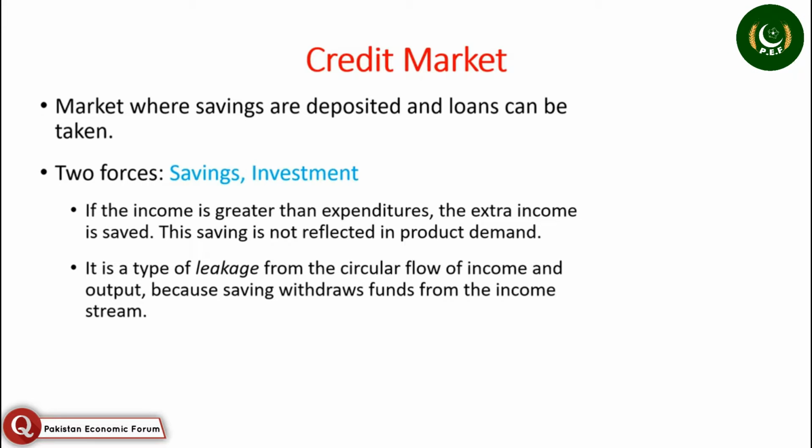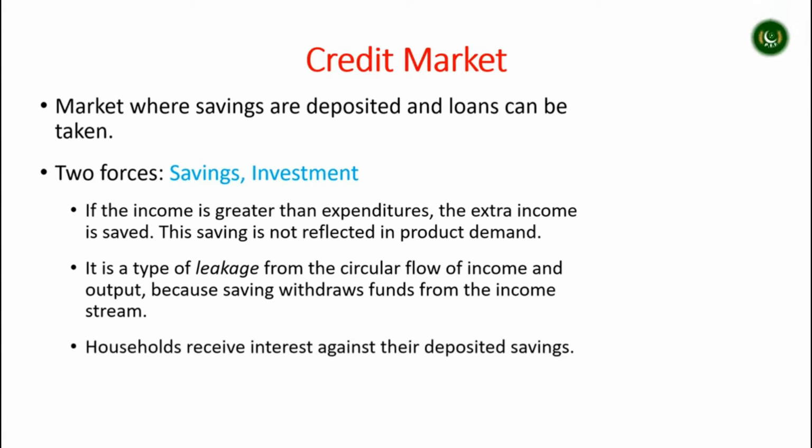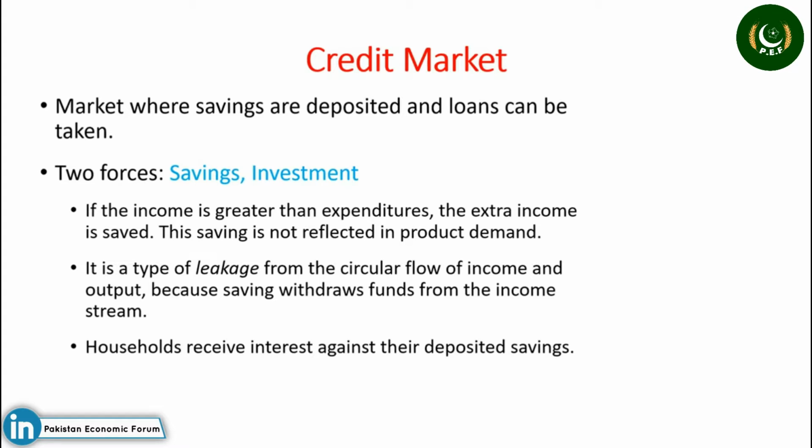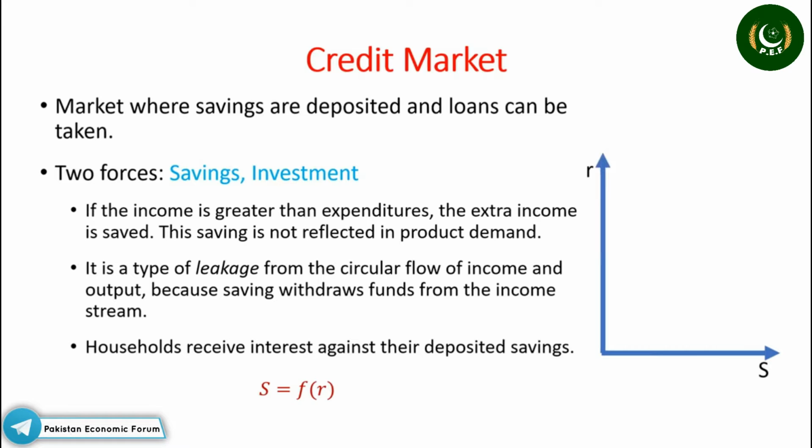Households sacrifice their extra income and they receive interest against their deposits in form of savings, and there is a positive relation between savings and interest rate. This is shown in the diagram.